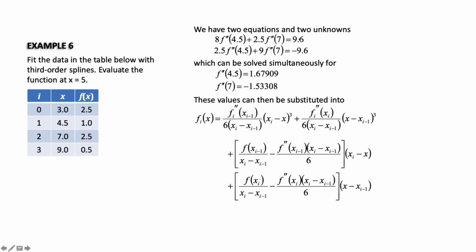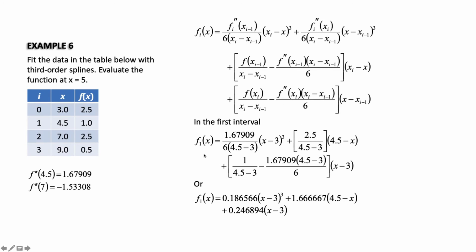So now we have two equations and two unknowns. If we solve them simultaneously using matrix techniques, we get f double prime at 4.5 equals 1.67909 and f double prime at x equals 7 equals negative 1.53308. Now we substitute these values into this equation.